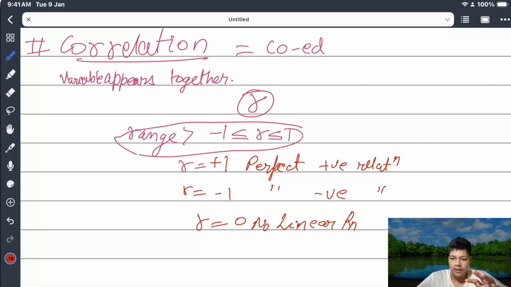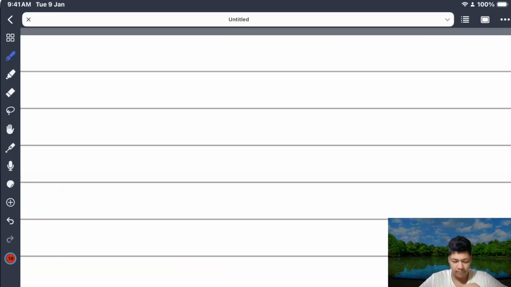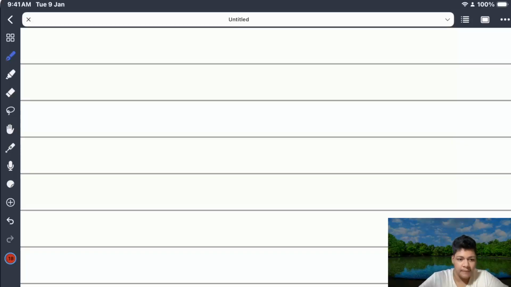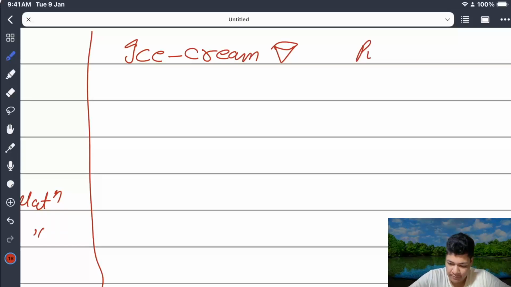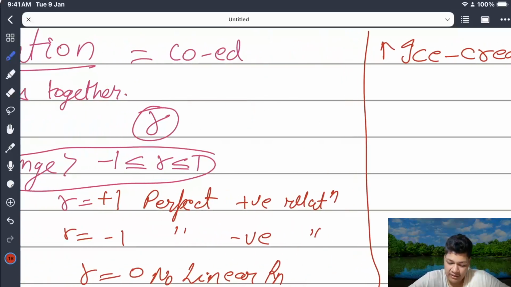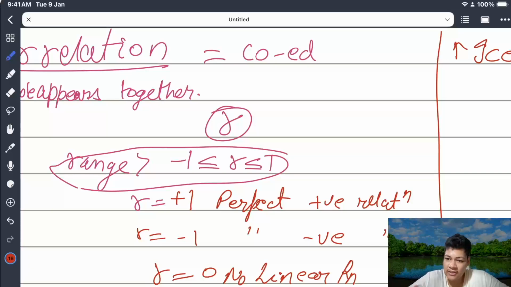Okay, let's assume a hypothetical situation again. Let's say you are eating a butterscotch ice cream in front of a swimming pool, and in that swimming pool the accidents increase. Can I say that they both have a correlation? I said earlier that correlation is the relationship between two or more variables.